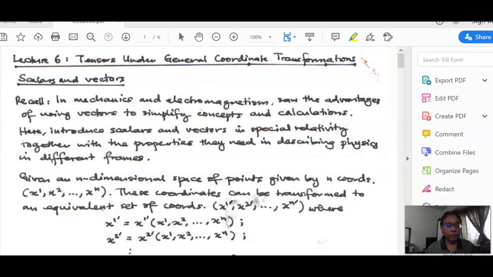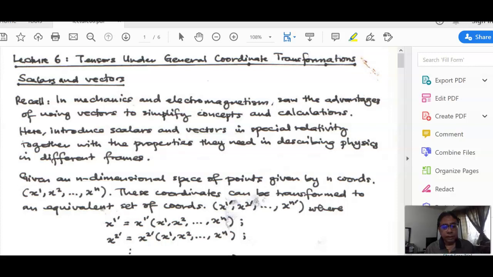Tensors are objects which generalize vectors. Before we begin, we have to look into scalars and vectors. As we have learned in high school, scalars are essentially objects that have quantities, magnitudes, while vectors have both magnitudes and direction.